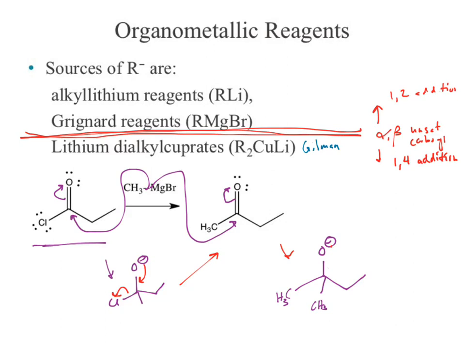Okay? The Gilman stalls at the single carbonyl. It's not quite nucleophilic enough to do that direct attack, so that if I wanted to stop at the ketone, I could use the Gilman. If I wanted to carry through, get all the way down to the alcohol, eventually, that's where I would use the other reagents. Okay?